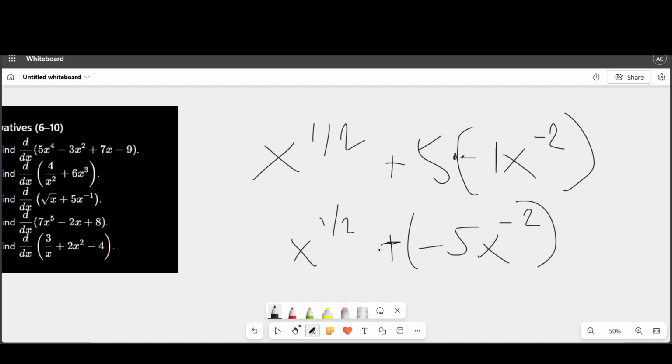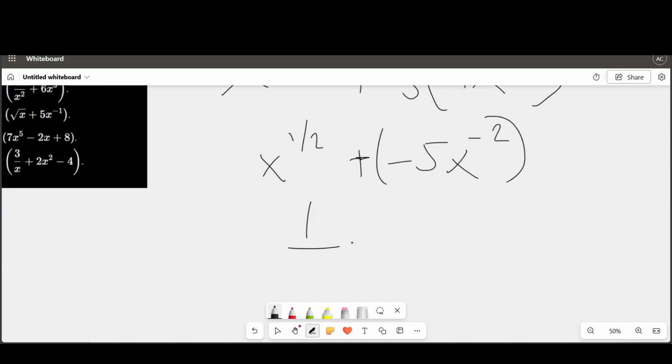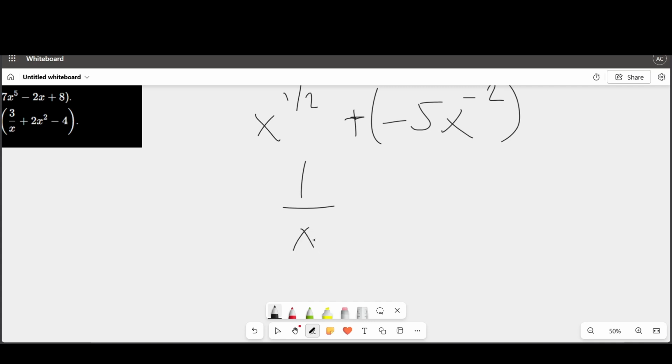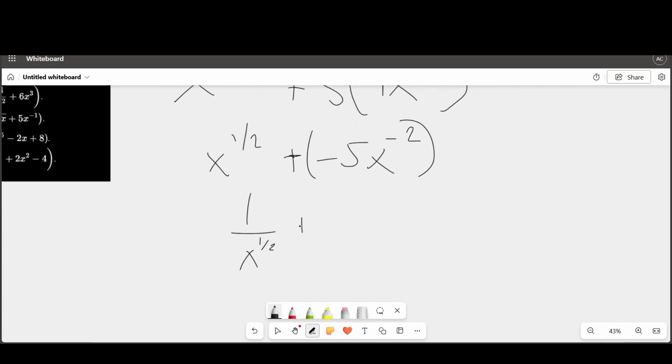So the answer is going to be x to the 1 half plus, let's rewrite this back. We're gonna have x to the negative 2. I think that's the answer.